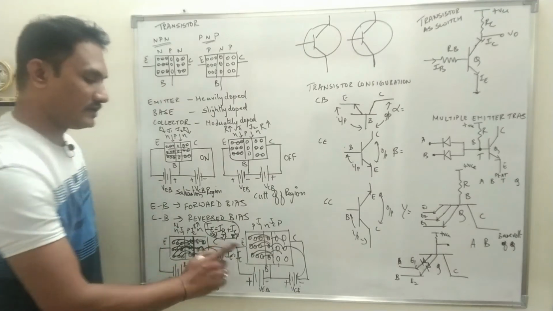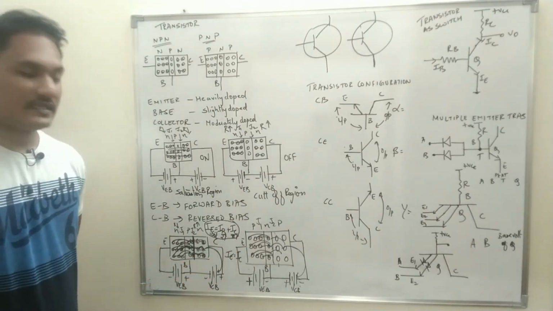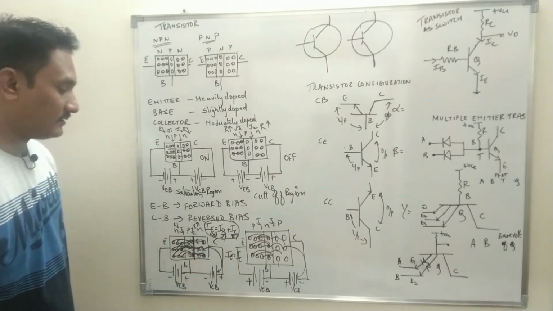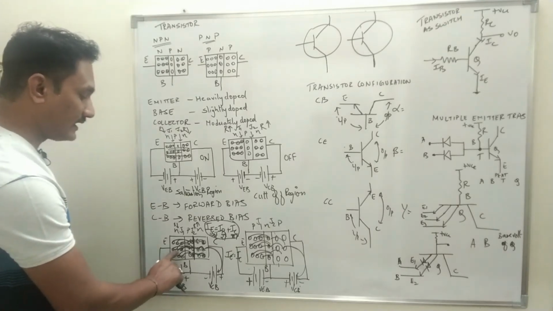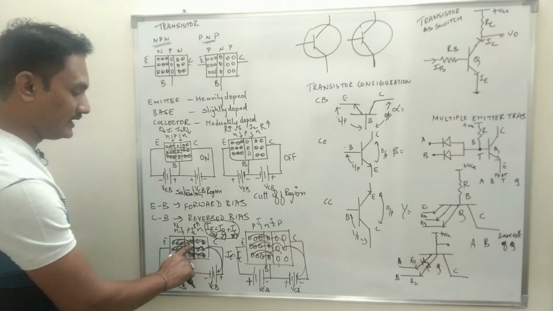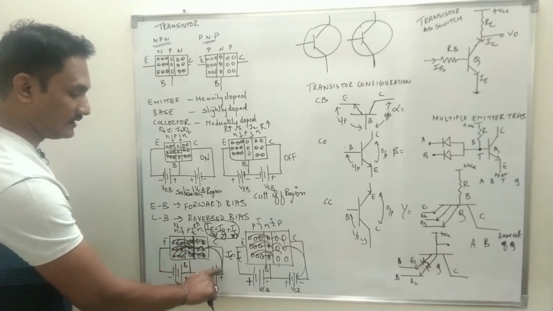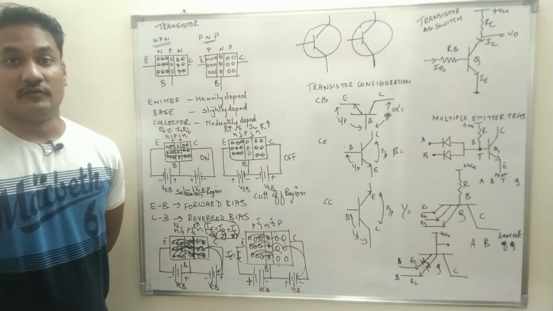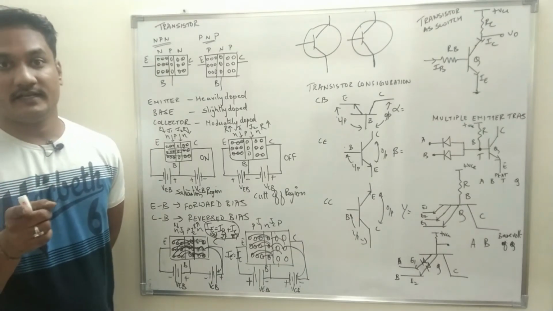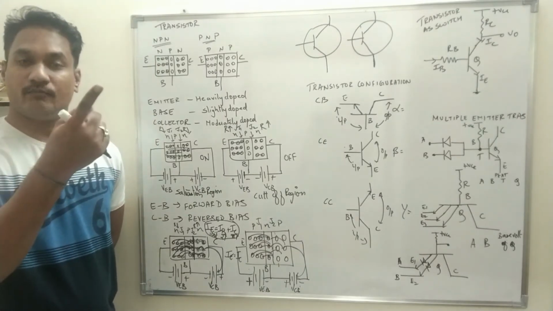So the operation of both the transistors remains the same. Just we have to understand the direction of current. See, here the electrons move from the emitter to the base and then the collector. An electron, being negatively charged, will always be repelled by the negative terminal and attracted towards the positive terminal.